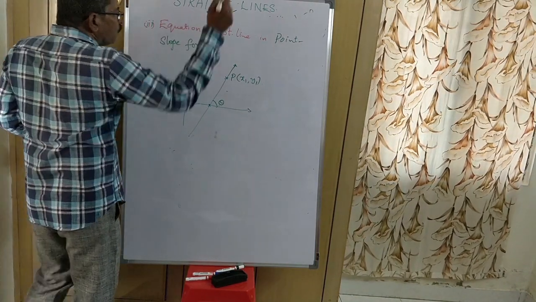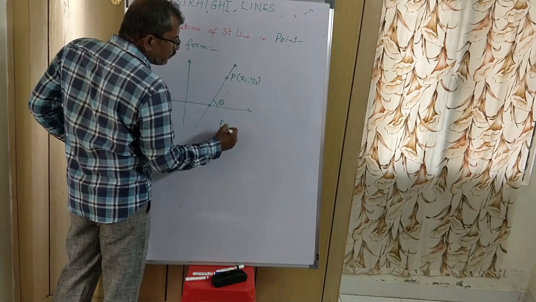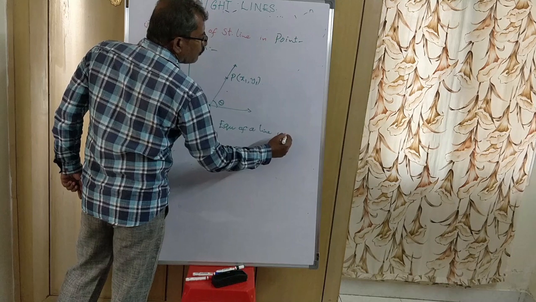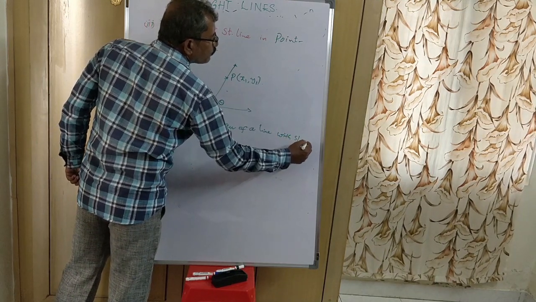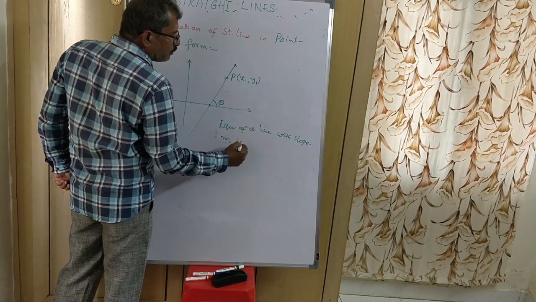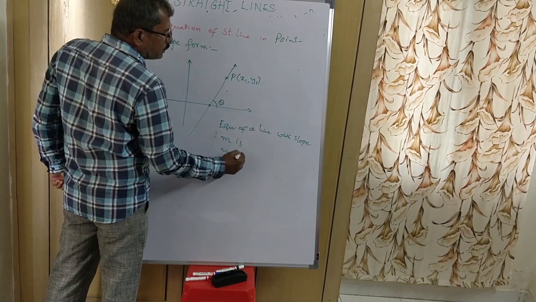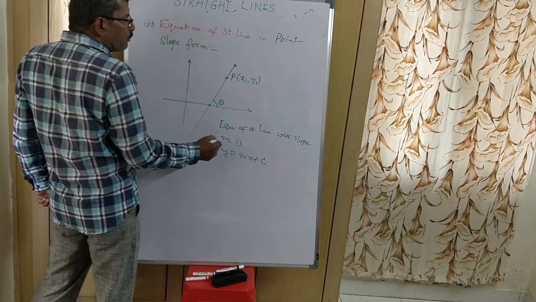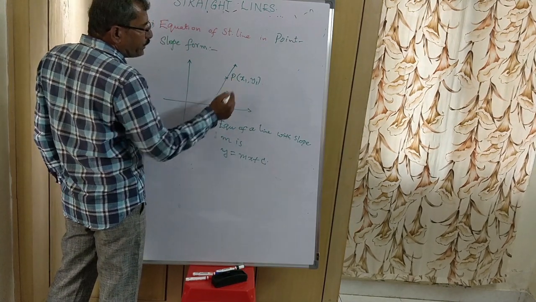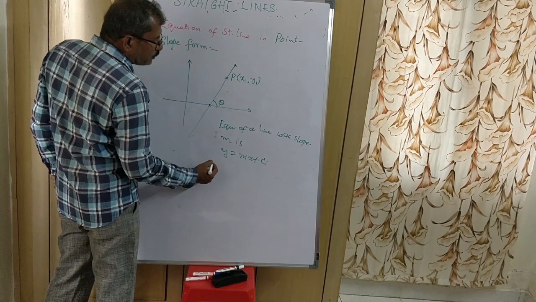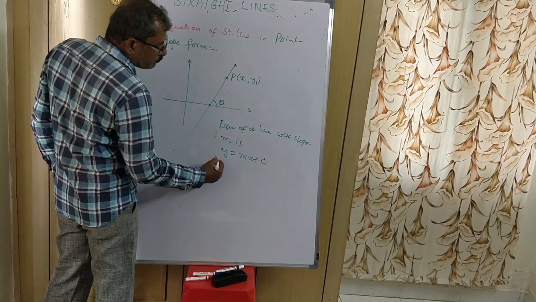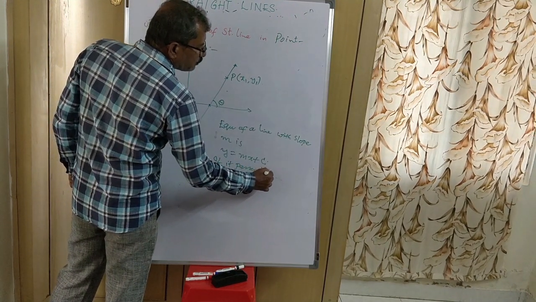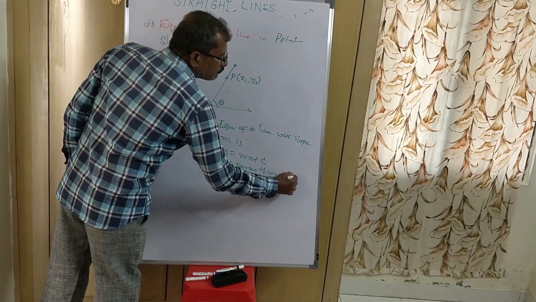You already know that the equation of a line with the slope m is y is equal to mx plus c. Suppose it passes through the point x1, y1.